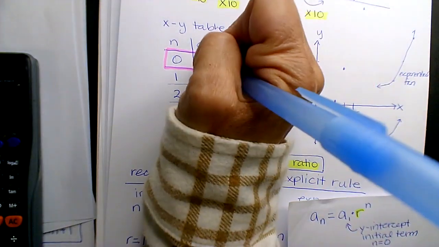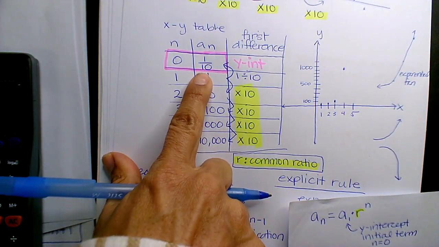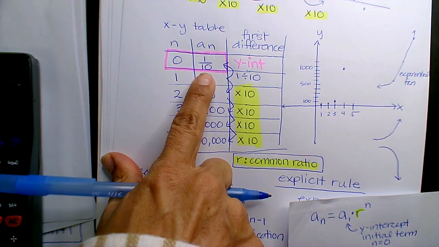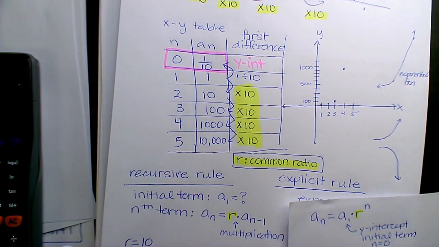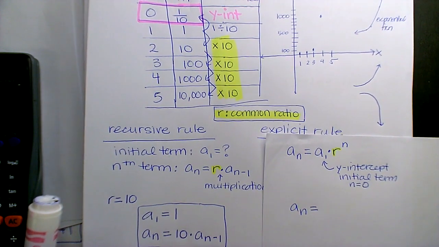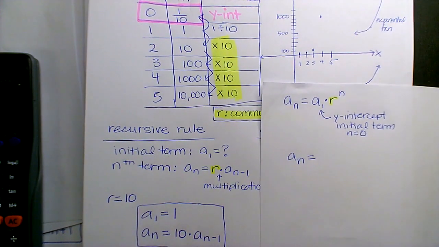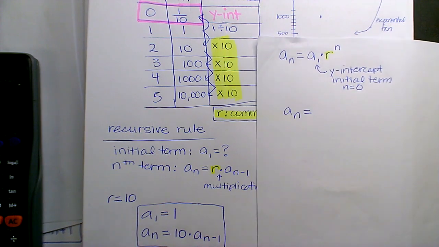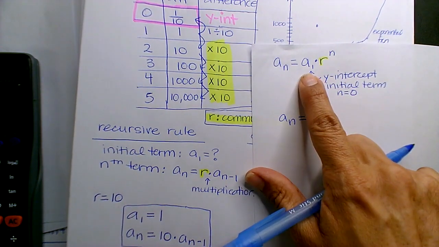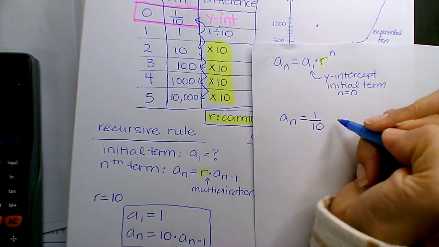Okay, so my y-intercept is 1/10. That's your y-intercept. That is what gets put. I know we're doing explicit rule, but let me just kind of bring it up so it can be next to it. So this is my y-intercept. There's my 1/10.